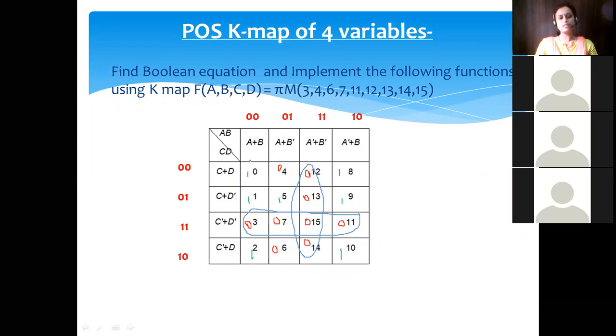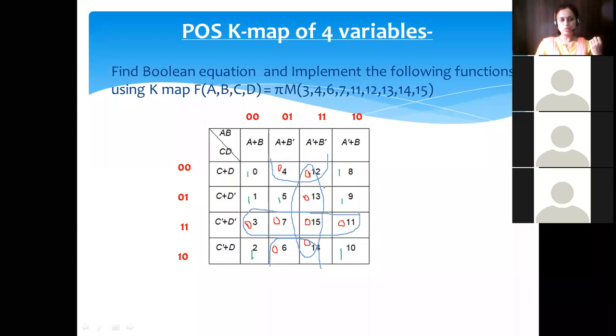But one thing you can see here: instead of forming a pair, if I form a quad like this, one more variable will get eliminated. So you should first think about whether you are able to form an octet or a quad, and then go for a pair.